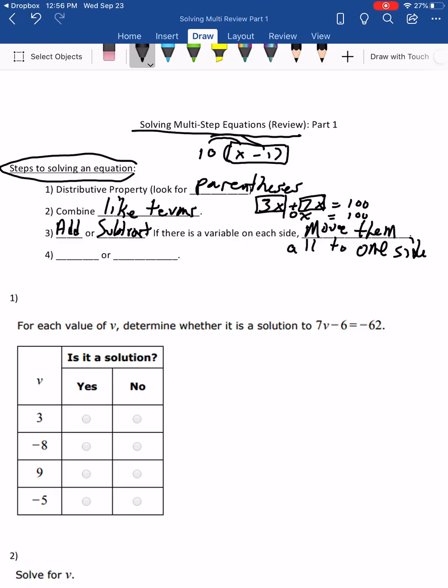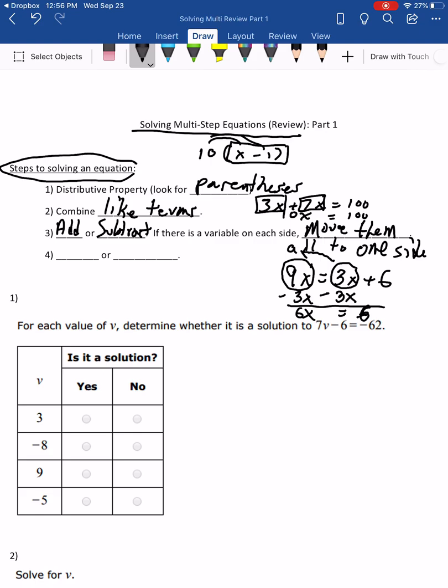So in other words, if we had 9x equals 3x plus 6, I have a variable over here, I have a variable over here. So I'm going to bring this 3x to the left side by subtracting the 3x, giving me 6x equals 6. Okay, your variables need to be alone on just one side of the equal sign.